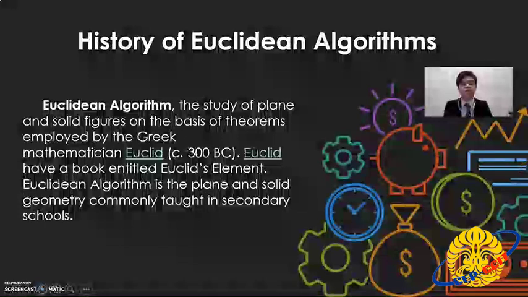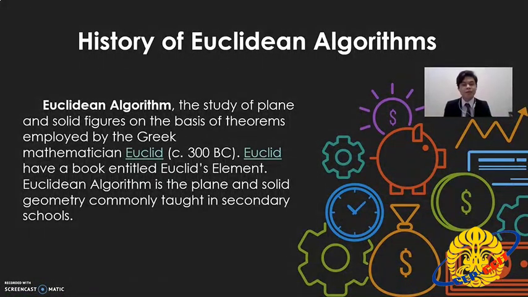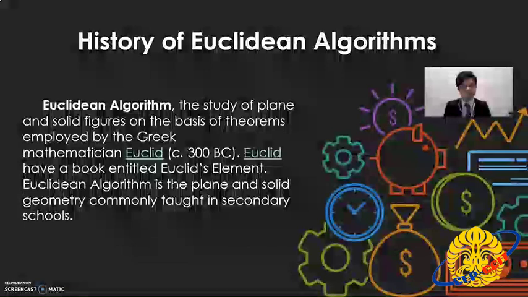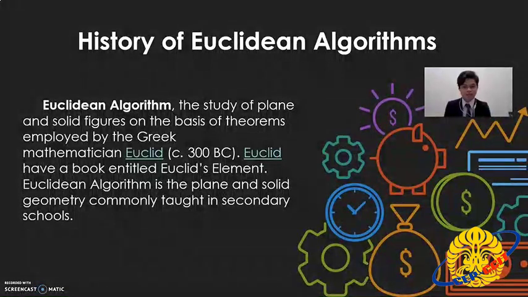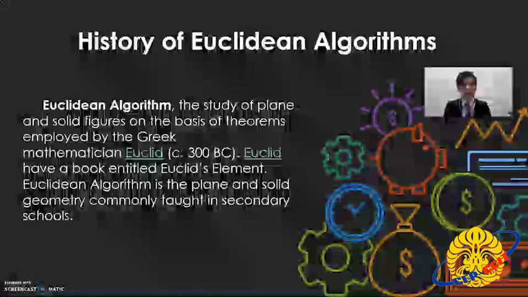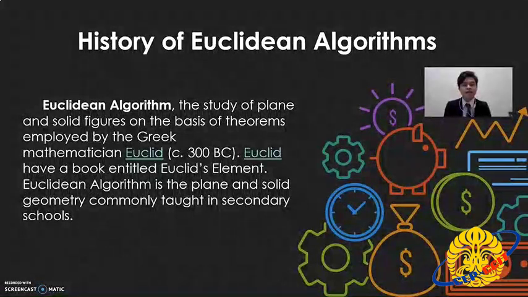Okay, history of Euclidean algorithm. In 1950, the algorithm was used in Euclidean algorithm, or Euclid's algorithm. Both of them are the same. Euclidean algorithm was discovered by Euclid.